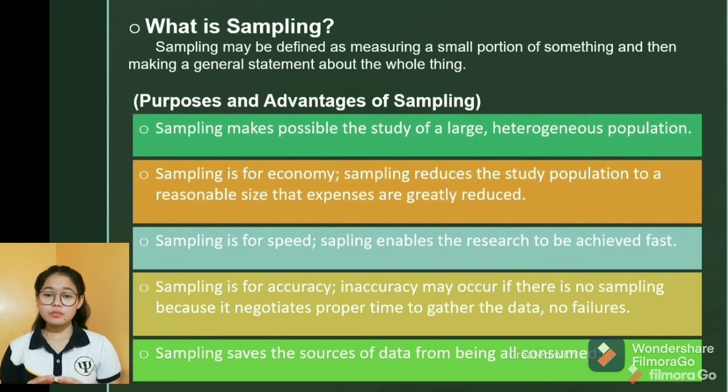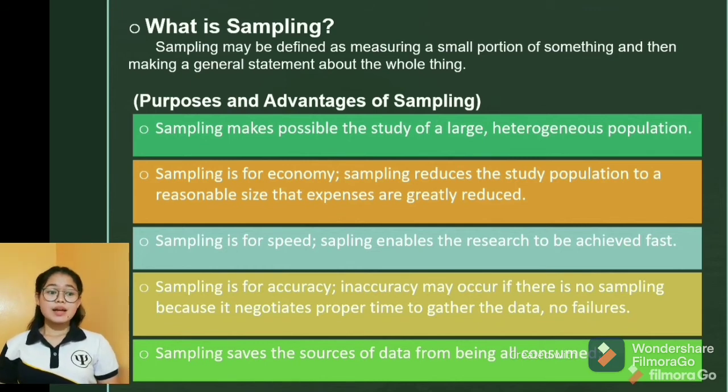There is a possibility that everyone cannot be catered to. But by sampling, having different characteristics of people included in the study would be narrowed down. This would make the research or the study more specific, certain, and concrete.